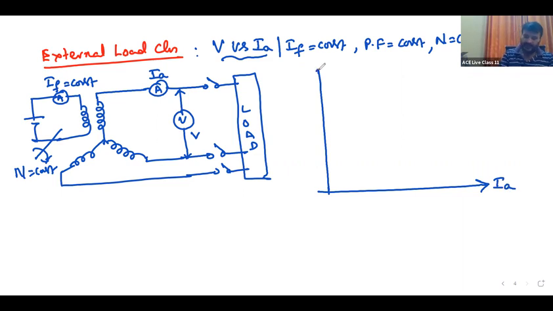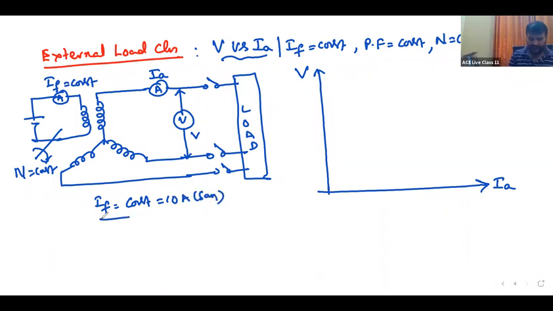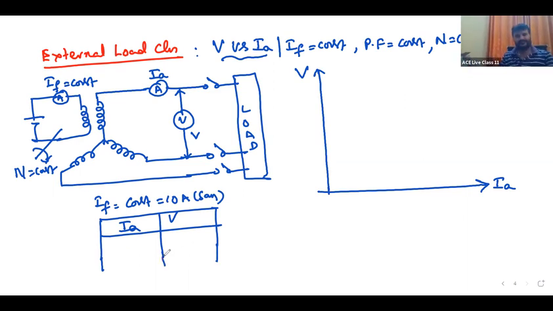This is IA and this is V. Take a set of readings. IF is constant, say some 10 amperes. Then note down IA and V, the armature current and terminal voltage.